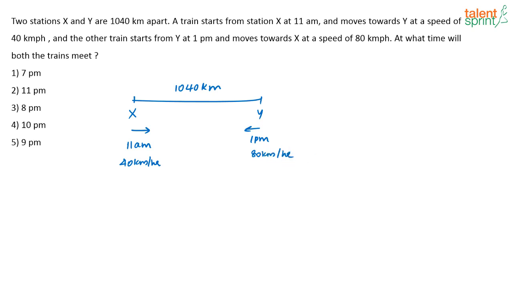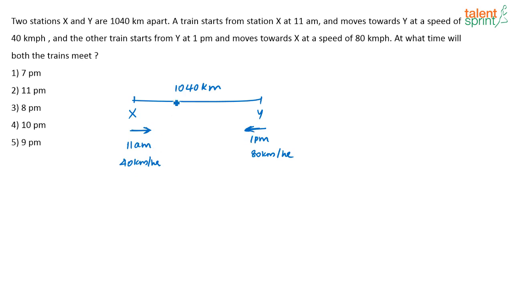Now the question is, at what time will both the trains meet? So the train starting from X is starting 2 hours earlier than the train starting from Y, correct?